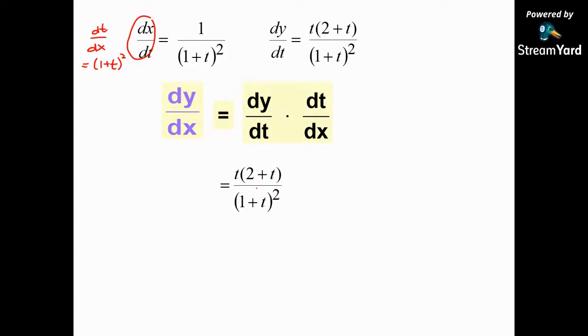So we got t times 2 plus t over 1 plus t squared, and then times 1 plus t squared. And then, tada, cancel, cancel. So what you have is simply t multiplied with 2 plus t, and that is what we want to prove. Done.